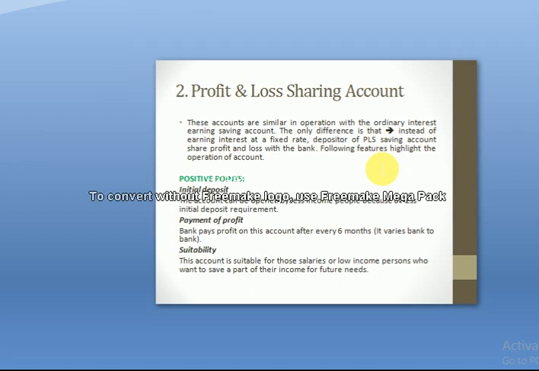Profit payable or loss recoverable on this account, dear students, to be credited or debited, will be determined by the bank at its sole discretion on the basis of its net working results at the end of each half year or within the time prescribed, mostly quarterly, semi-annually or annually.